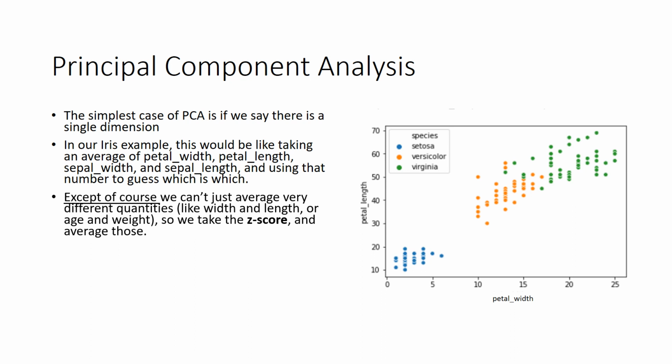And of course, the things that we measure are almost never the same, right? Petal length is going to be really different than petal width. And so how do we put those things together? We use a z-score, right? We do this standard transformation so that we've got a quantity that we can directly compare. So that z-score is an incredibly powerful transformation, and it's something that you should be very familiar with.